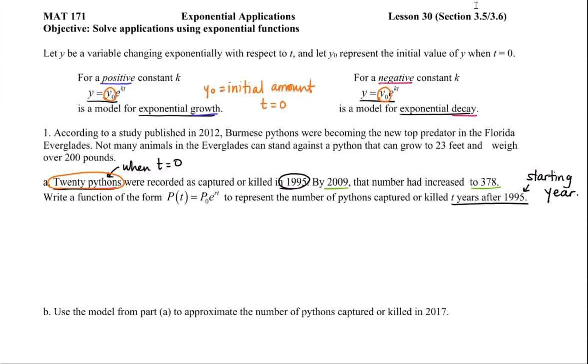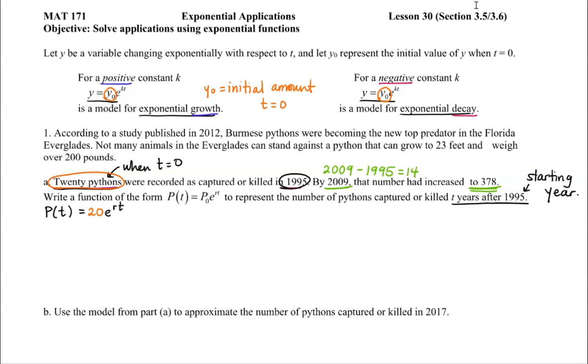So far we know that the function will be P(t) equals 20 e to the rt. We still don't know what r is, and to find r, we're going to use the fact that by 2009 the number had increased to 378. From 2009 back to 1995 means that 14 years had passed.